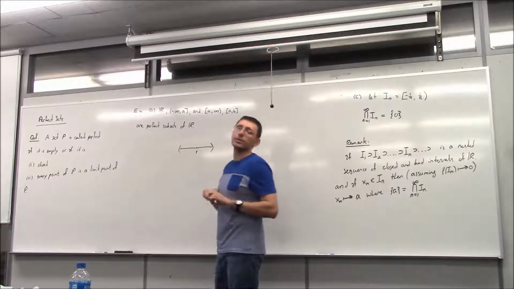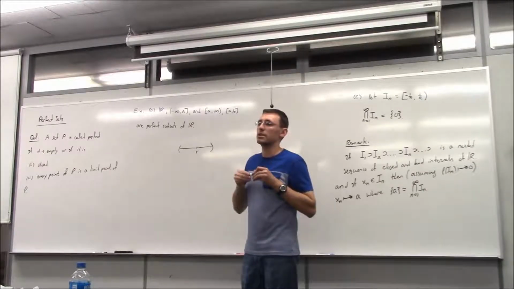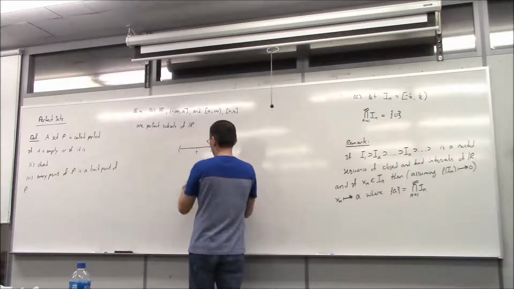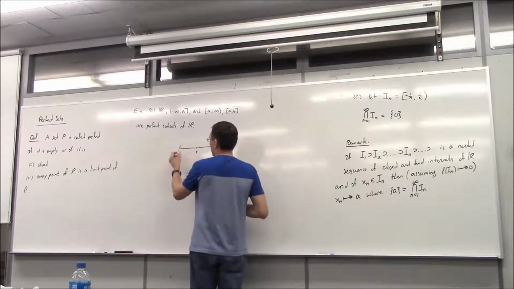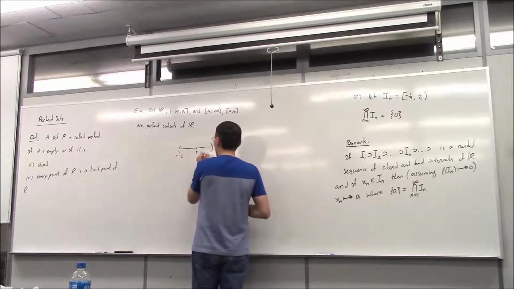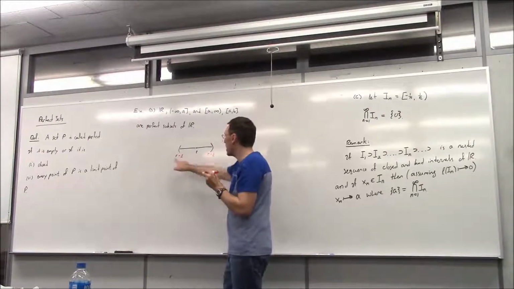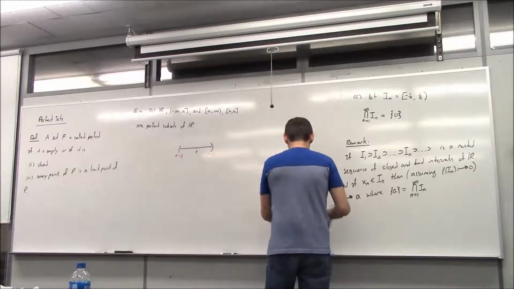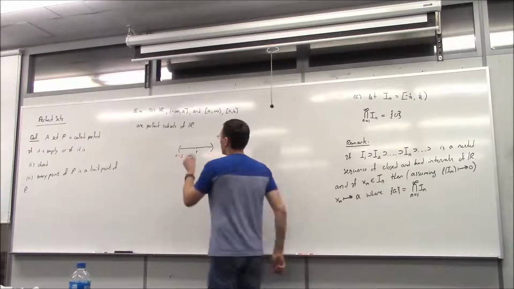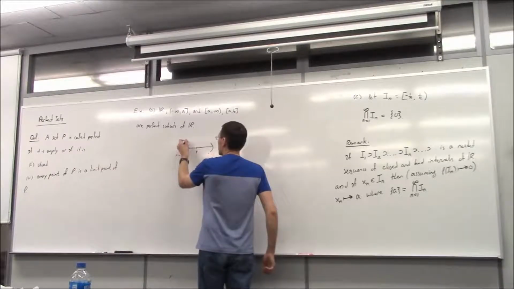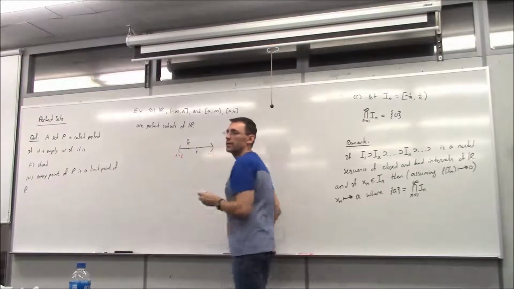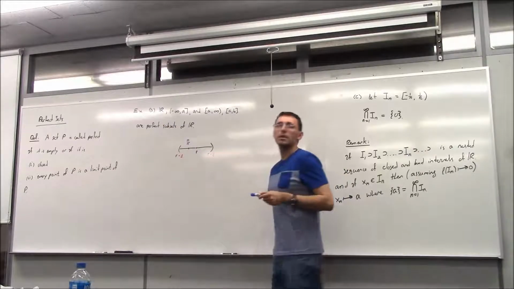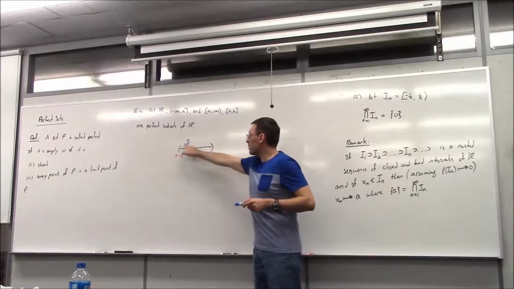And the answer is yes, because each interval contains rational numbers. So you can take this to be R minus epsilon, R plus epsilon. Any open ball around R is of the form R minus epsilon, R plus epsilon. So what must be here? And here must be some number m over n, a rational number. And the rational number is a real number. So this guy is a limit point of rationals.